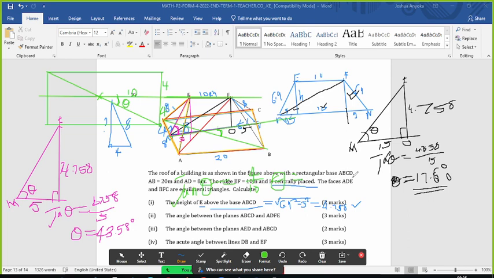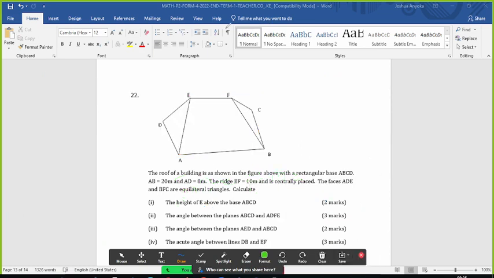So I think here are the points that we are supposed to note. One, we can get the angle between a line and a plane.